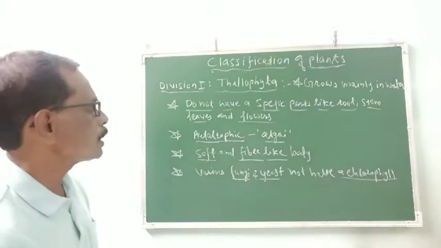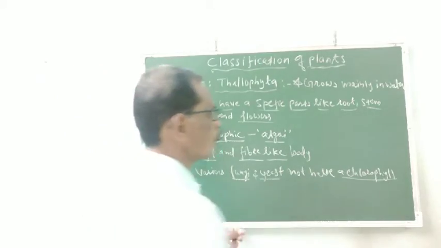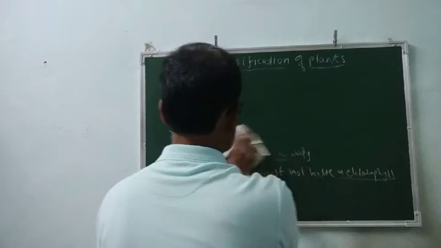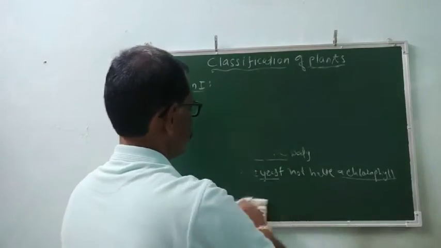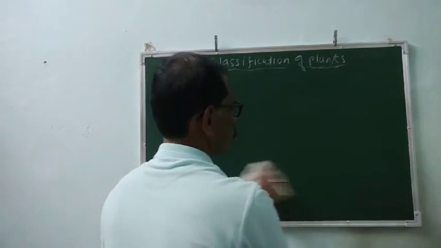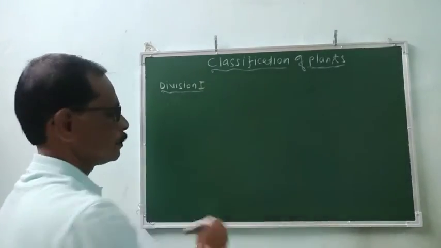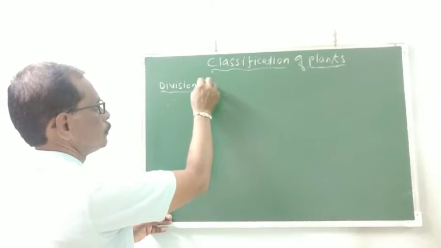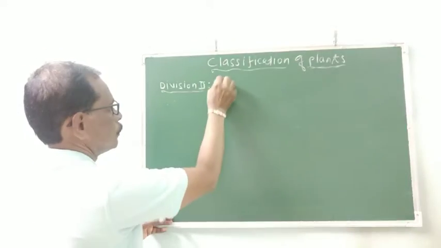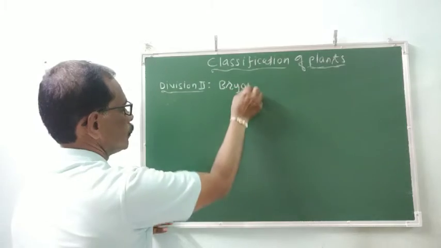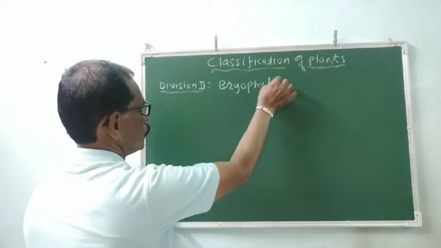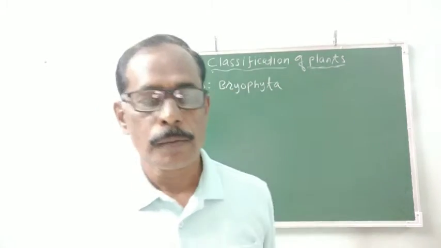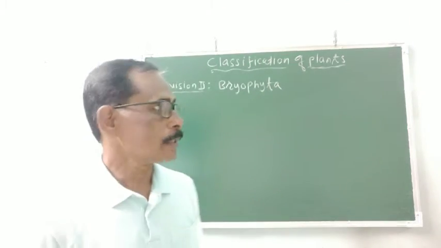We go further to our next division, that is the Bryophyta. Bryophyta is the second division of the cryptogamous plants.